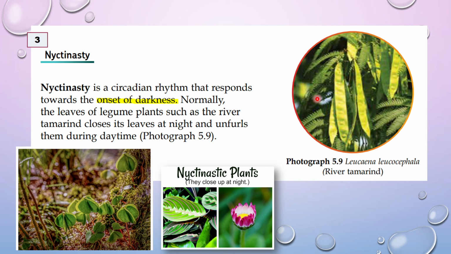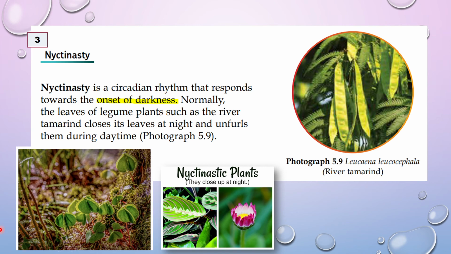This is the river tamarind, which closes its leaves at night and unfolds them during daytime. So it is able to detect the onset of darkness. This is a circadian rhythm. Nyctinasty plants close up at night, so it seems like they're sleeping. But when it is daytime, when there is light, then it opens up.